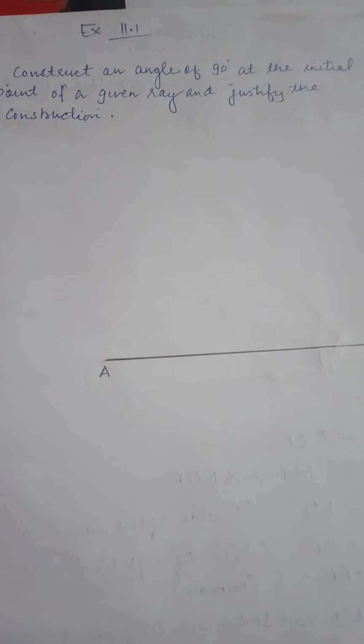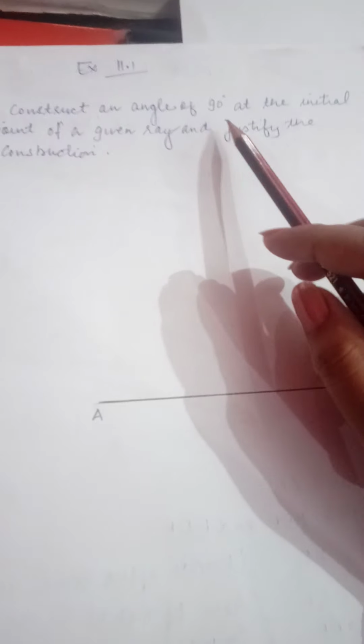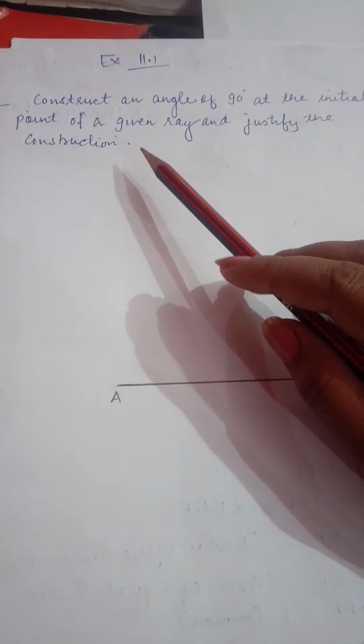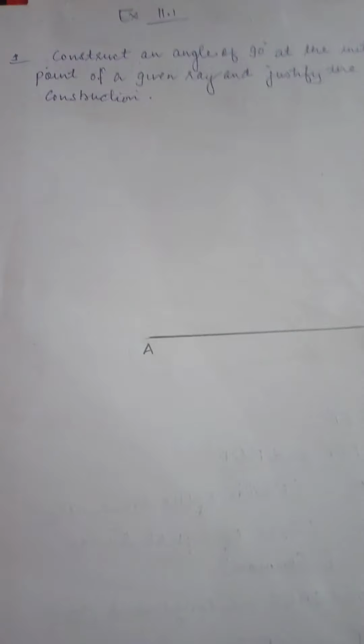That is the first question, which says: construct an angle of 90 degrees at the initial point of a given ray and justify the construction. Justification is not that difficult once we construct it. It is very easy.